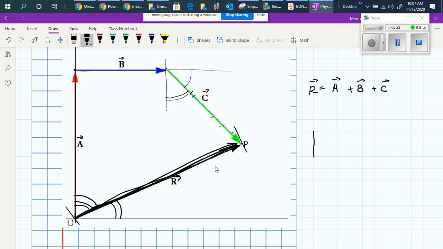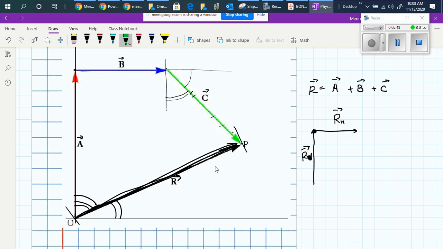To go back to the examples that we did before, when we have a horizontal and a vertical component of the resultant, what we are doing when we find the resultant vector in the previous examples is actually using the closed polygon method.